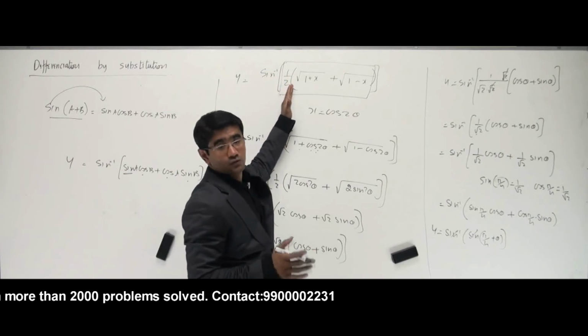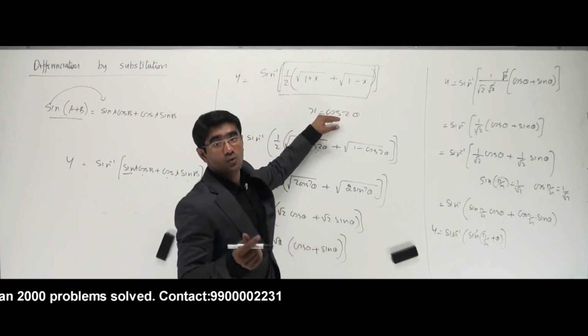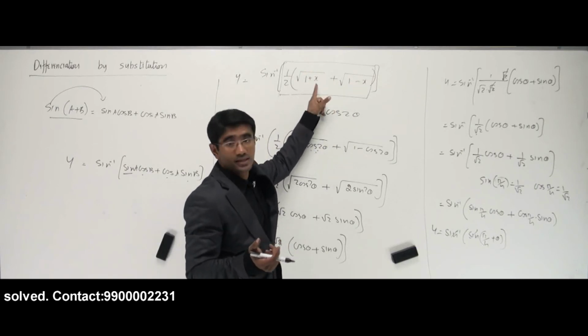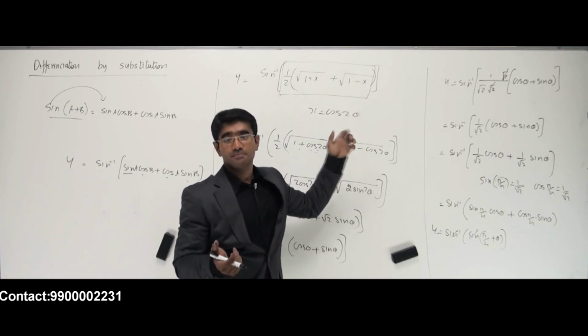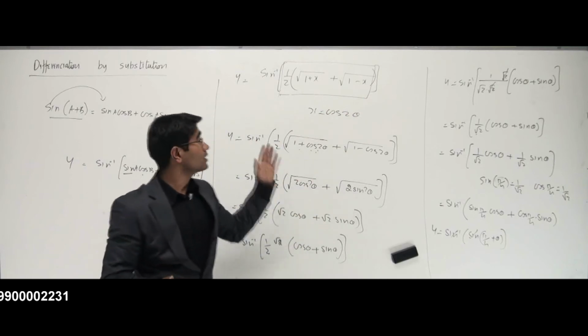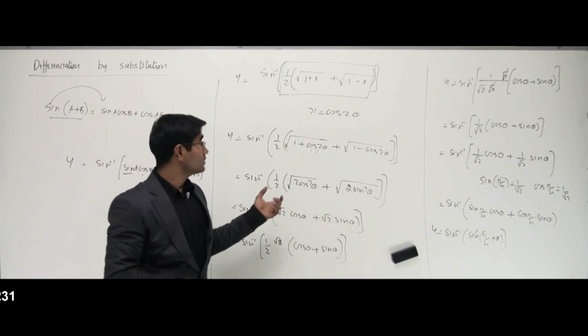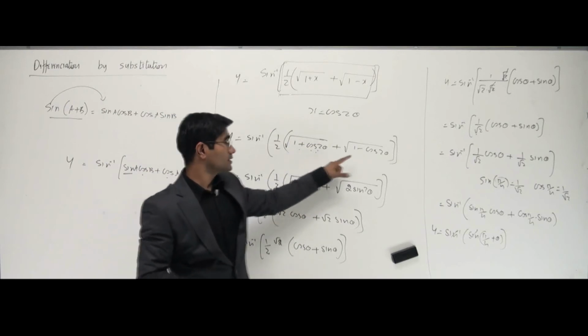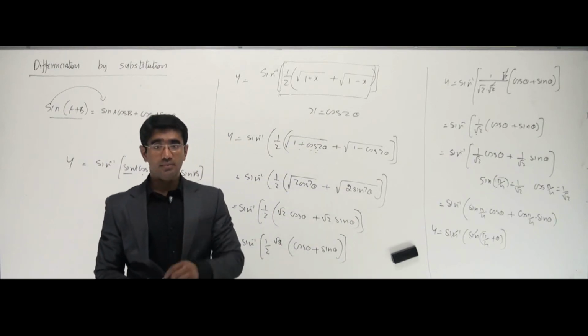So for that, I took this there. I told you how we can remember this: whenever you have a square root and 1 plus x, 1 minus x coming together, maybe in numerator, denominator, or next to each other, whatever it is, it is very convenient to take x as cos 2 theta, and those two formulas here are very important formulas. Keep that in mind. All right.